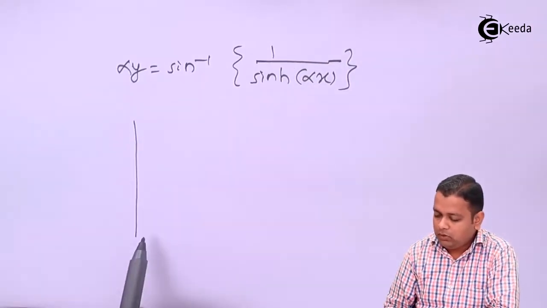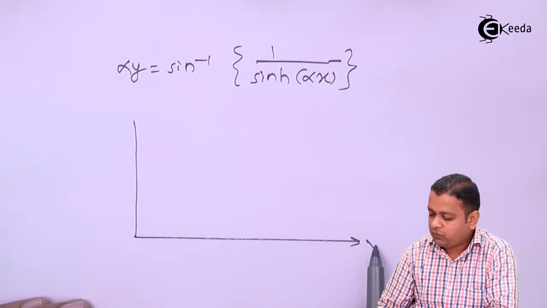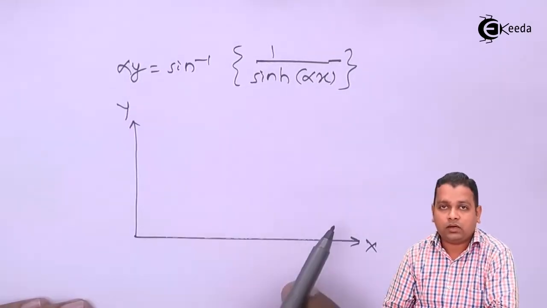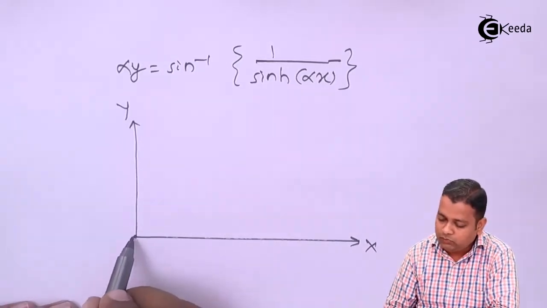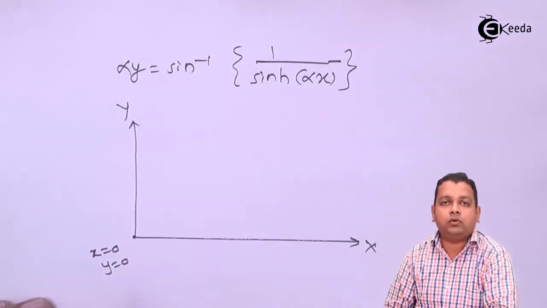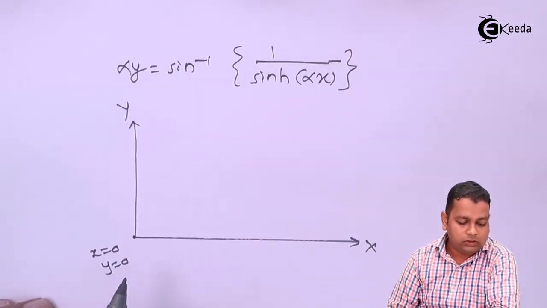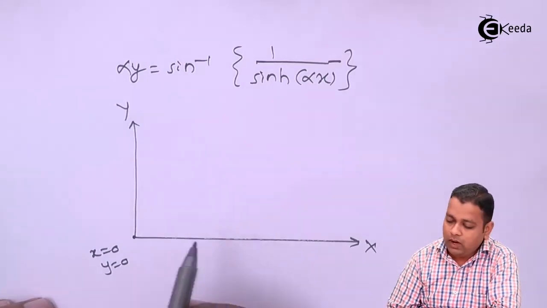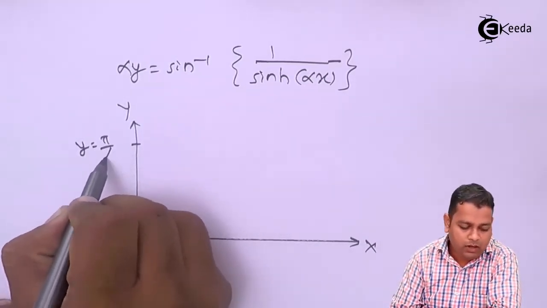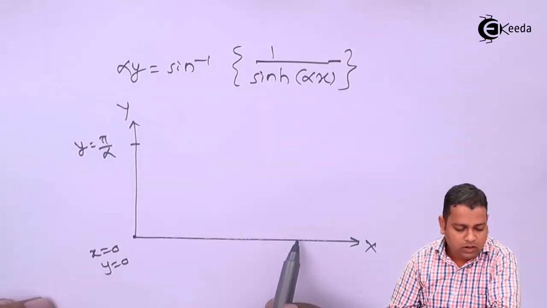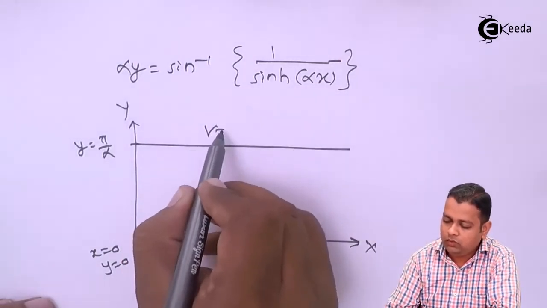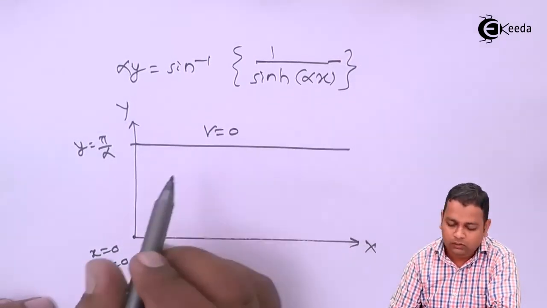On the diagram, if we have the two axes, capital X axis and capital Y axis, these are the X and Y axis intersecting in this point. Hence here it is X is equal to 0, Y is equal to 0, where we have taken the potential to be equal to 0. So at Y is equal to pi by alpha, here we can draw a line where V will be equal to 0 entirely.